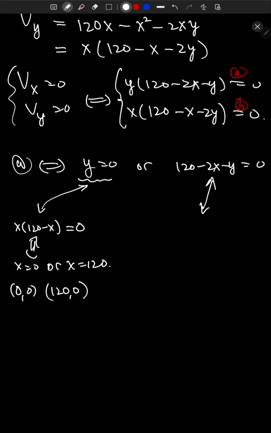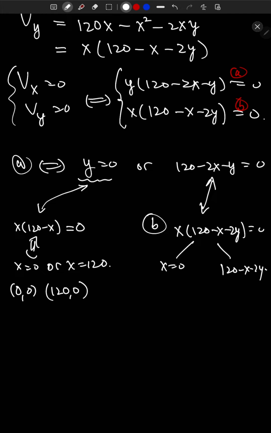Okay. Now for the second one, I'm going to hold that for a second. I'm going to look at equation B. B tells me x times (120 minus x minus 2y) equals 0. So either x equals 0 or 120 minus x minus 2y equals 0.